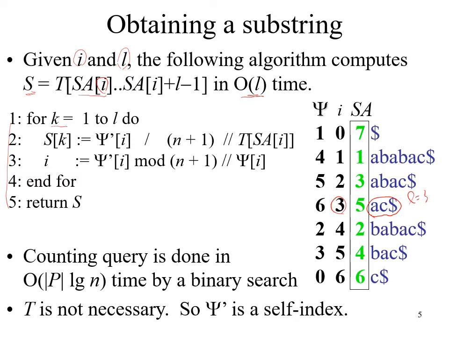So this is the for loop, and the first character is obtained by psi prime I divided by n plus 1.